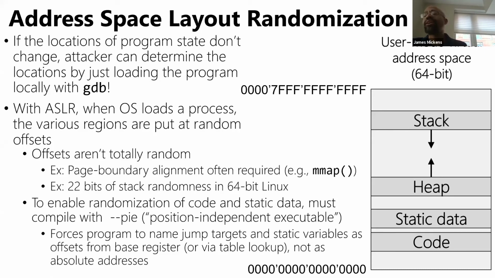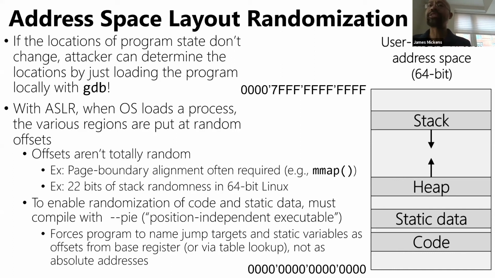Instead, all of the references to code and static data have to be indirect somehow. For example, RIP relative to the current PC, or maybe via table lookup, indirect via register. And if you compile your code with a flag like PIE, that makes it safe for the code and the data regions to be moved around.